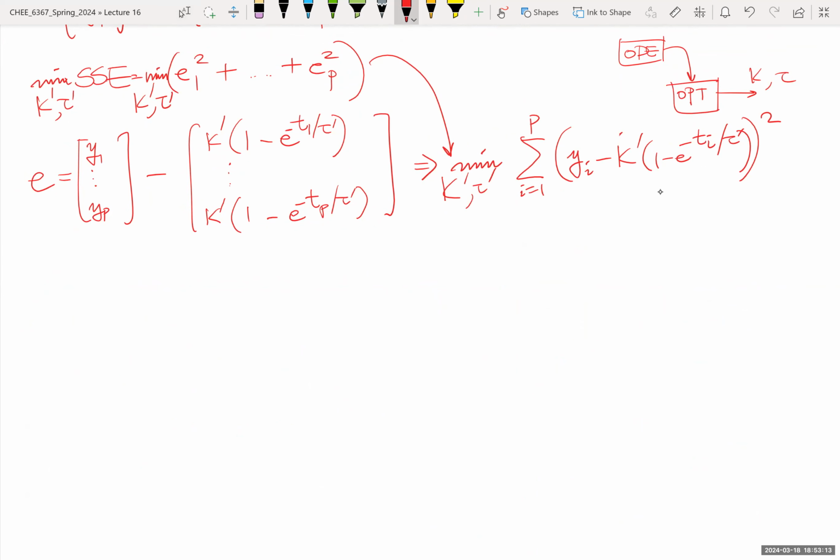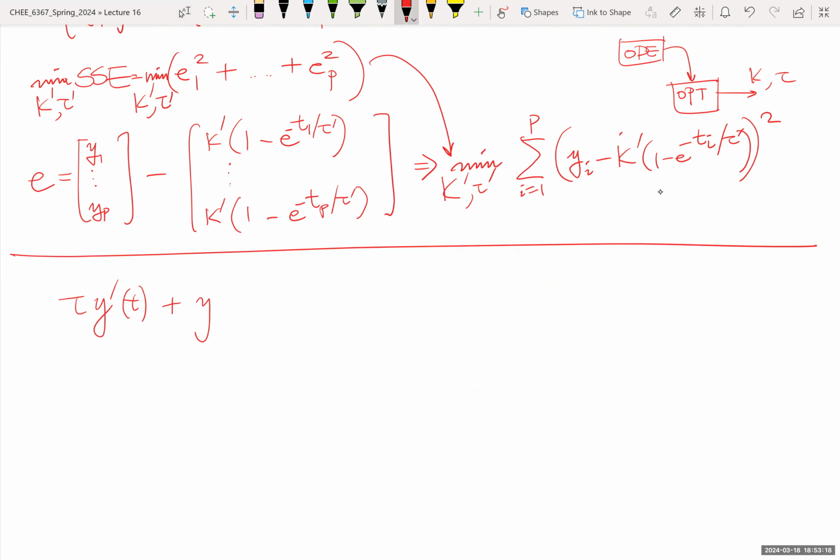And if we have an equation tau y prime of t plus y of t equals k u of t, well, we can approximate this derivative at time k by this finite difference, and you know the notation now. k plus 1 means at the time point t_{k+1}.